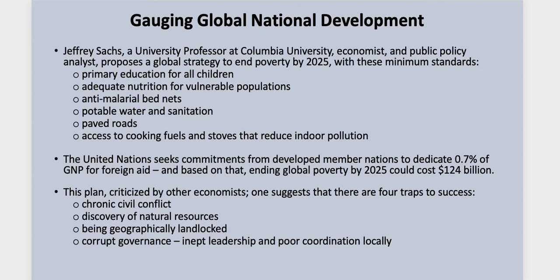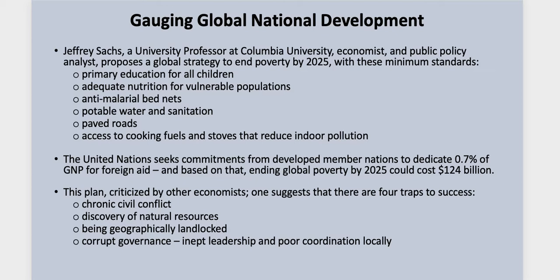Now, his plan is criticized by other economists, and one of them says that there are really four traps of success that intrude upon this. The first is chronic civil conflict, which exists in many of the underdeveloped nations. Discovery of natural resources: other nations move in, as there's been discovery of oil in Africa, and some of the dominant nations have stepped in and tried to take ownership of the oil in those poor countries.